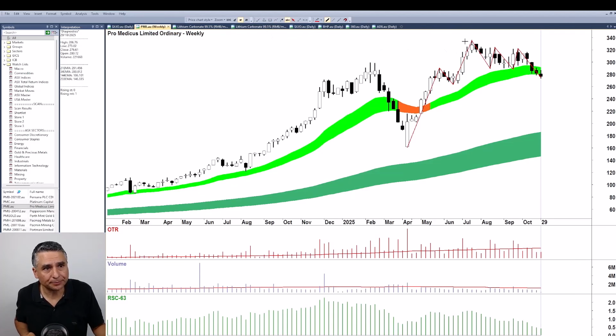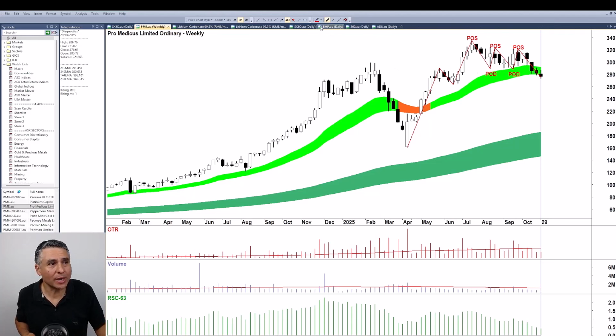But we can see each peak is a point of supply. Again, that language always relates back to demand and supply. Each peak is a point of supply, and each trough is a point of demand.